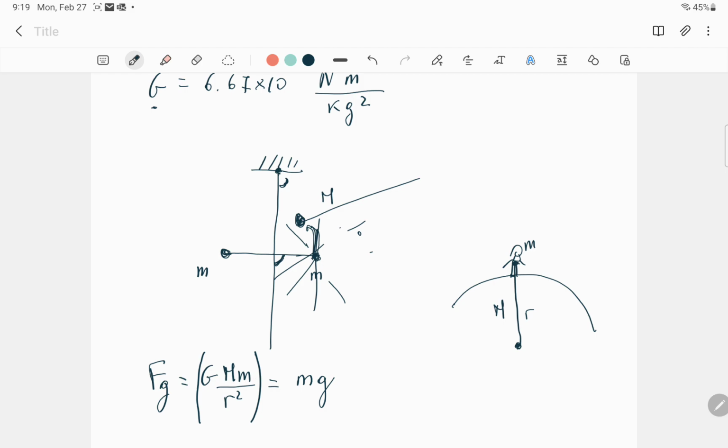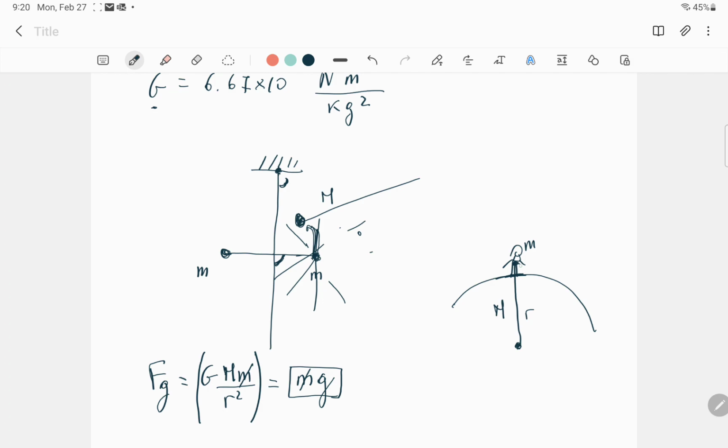So according to Newton, this is what we know the equation looks like, right? This is your weight, mg. So at this point, by comparing those two expressions, we can remove m and we can solve for g. Knowing the mass of the Earth and the distance between you and the center of the Earth, but in particular, if we consider this as the r, because it's so big compared to my especially little height, you understand that 70 centimeters don't do much compared to the whole kilometers of the radius of the Earth.